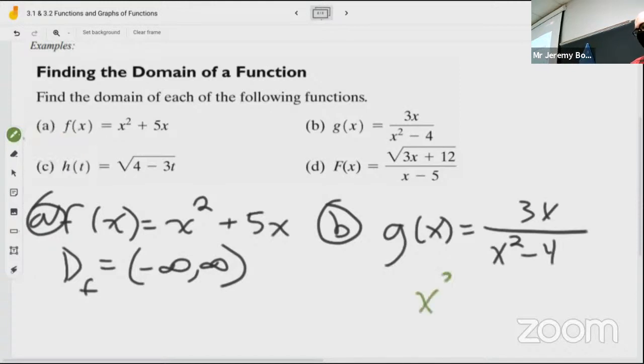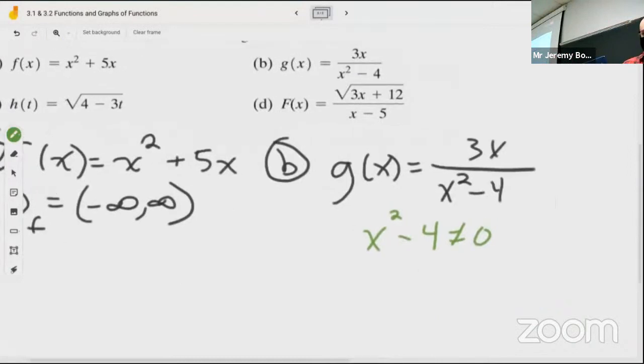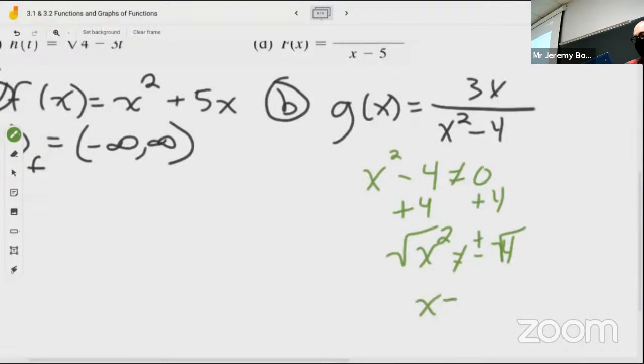So we're going to say, well, x squared minus 4 not equal 0. And we're going to solve it for x to see what we need to take away. So I like to do square root method here, just because I like the square root method. It's easy. So we got x squared cannot equal 4. Take the square root. Remember, it's going to be plus or minus on the side opposite the variable. We have x cannot equal plus or minus 2.